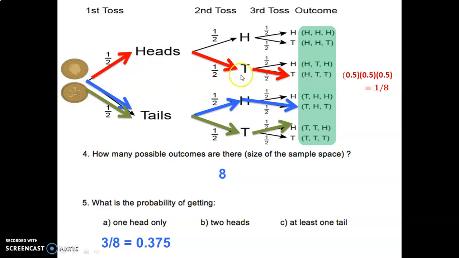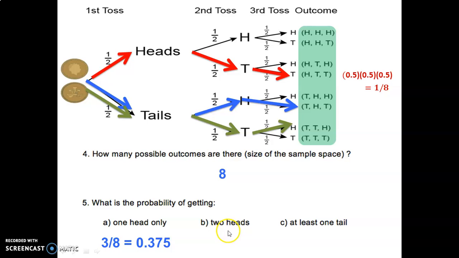Since all the probabilities are the same, all the paths will have that same multiplication, so all the paths have a 1/8 probability. Each of these outcomes has the same probability, 1/8, 1/8, 1/8, 1/8. They're all equal probabilities. And therefore, if 3 paths lead to one head only, then it's three of those, which is 3/8.